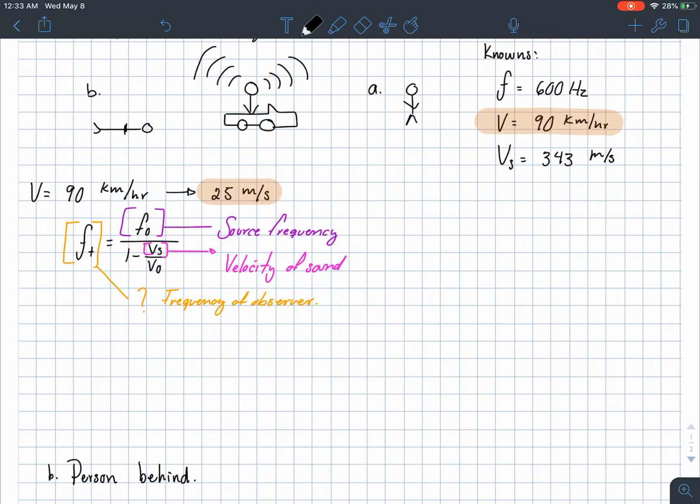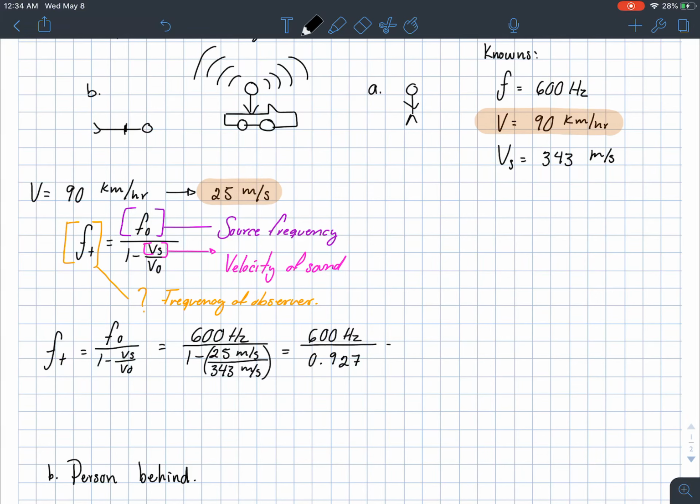Now, let's go ahead and start solving. So for part A, we know that we can use f plus is equal to f naught over 1 minus Vs over V naught, which is equal to 600 hertz over 1 minus 25 meters per second over 343 meters per second, which should be 600 hertz over 0.927.